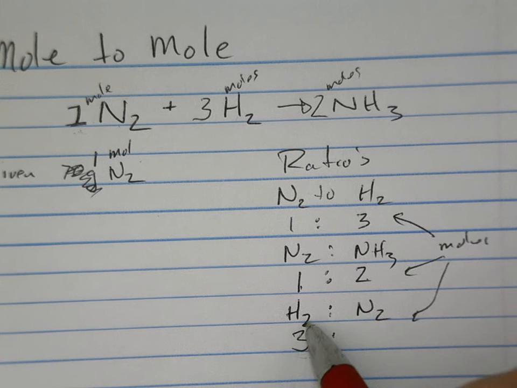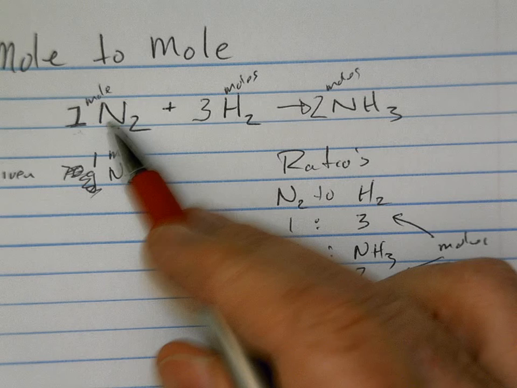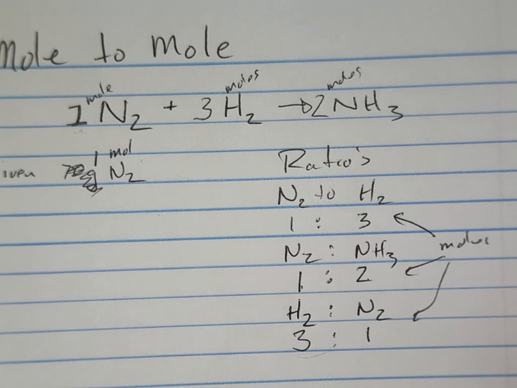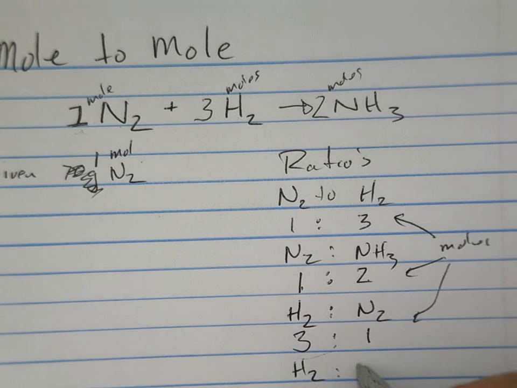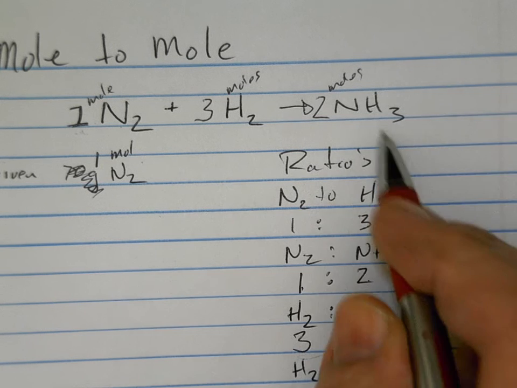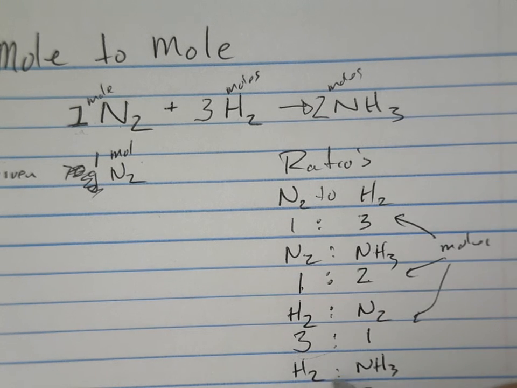For every 3 moles of hydrogen, we have 1 mole of N2. Or you can say, for every 3 moles of hydrogen, we're going to have 2 moles of NH3. So we're just setting up a ratio.